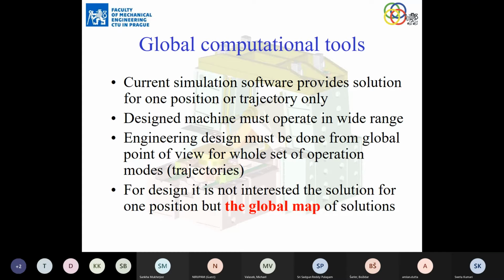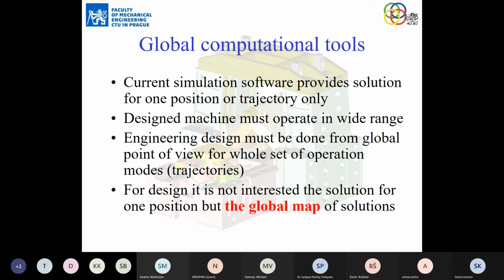So the other fundamental approach is the usage of global computational tools. That means I'm not interested in computing the properties for some selected parameters of the machine for one position inside the workspace. It's too little for a design process. We need to compute, for selected parameters and one moment, the properties on the whole workspace, and moreover not the values.